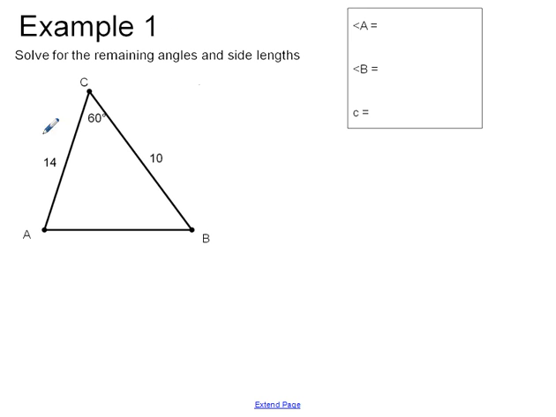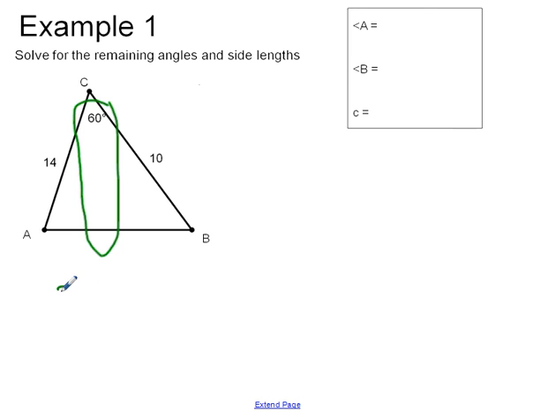Okay, so let's go through our examples here. We want to find remaining angles and side lengths. What I'm looking for first is a side length. I'm given the angle but not the opposite side, so I know for sure I'm using the law of cosines.